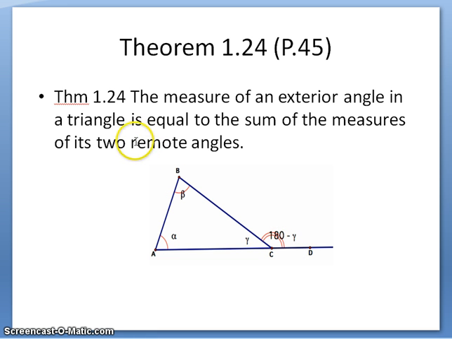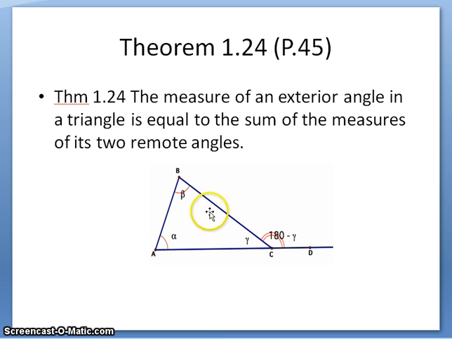And remote angles: in the picture, BCD is the exterior angle, and BCA is adjacent to this exterior angle, so BCA is not remote. These two, angle B and angle A, are not adjacent to the exterior angle, so we call them remote angles.